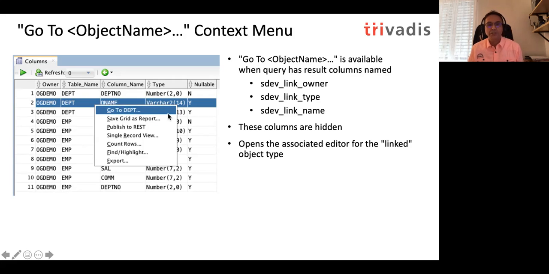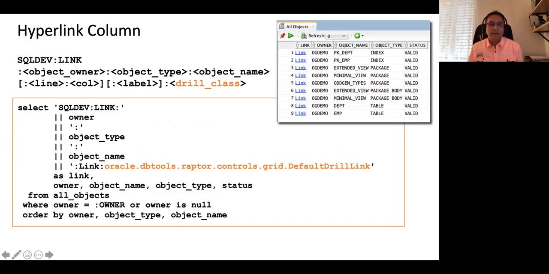That's a nice feature. Even nicer, I think, is to create something similar: a hyperlink column. So you define here a certain type of column, starting the content with SQLDEV.LINK, and then you define the object owner, object type, object name, and if it's interesting, for example, for pure SQL code or so, it's interesting to jump to a certain line or even to a line-column combination, and you may add them.